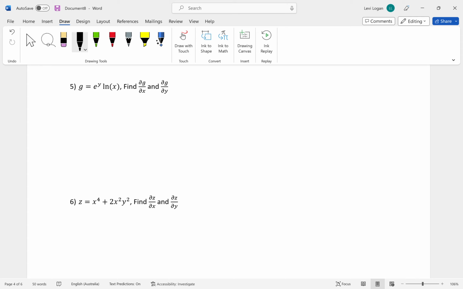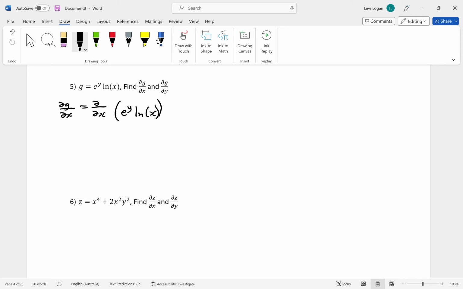Alright, so this one has an exponential and a log. That doesn't matter, we know how to differentiate those. Even though it's multivariable calc, it might get a bit scary, but we can still do these. So let's differentiate with respect to x: the partial derivative of g with respect to x. Do I care about e to the y? No, that's a constant.